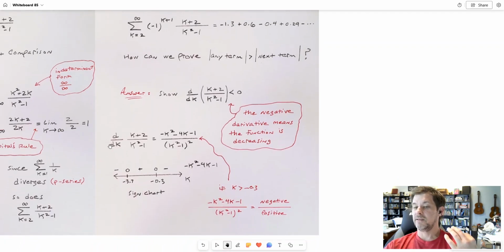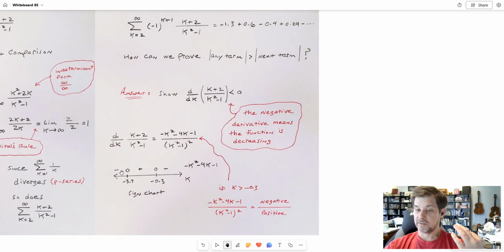So if I find the derivative of that by the quotient rule, I get this. Now, how can we decide that that's negative? Well, one way to do it without graphing it would be like this. I could make a sign chart for that quadratic part at the top. I could figure out that it's 0 at negative 3.7 and negative 0.3 with a little rounding.